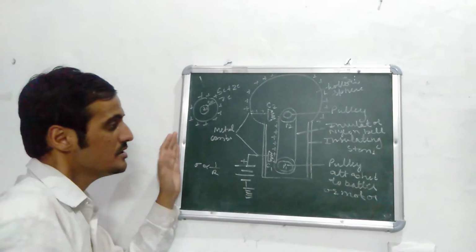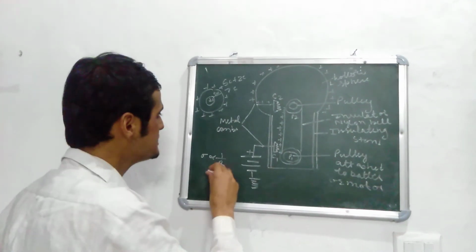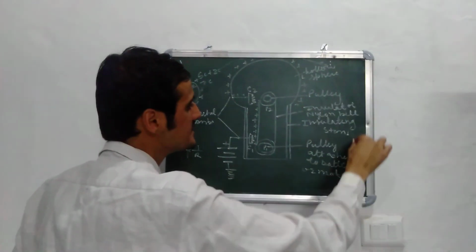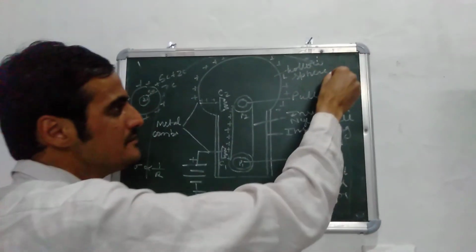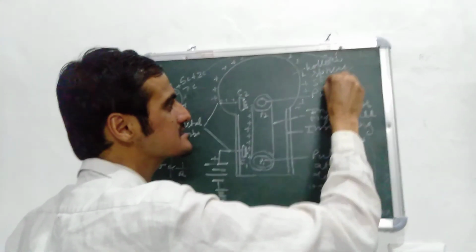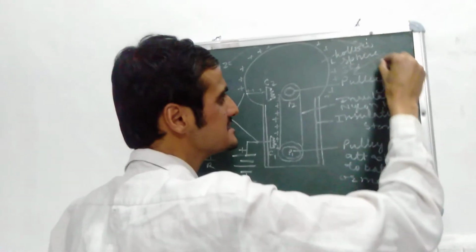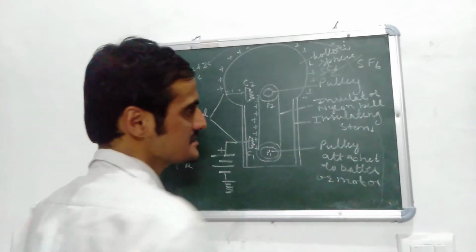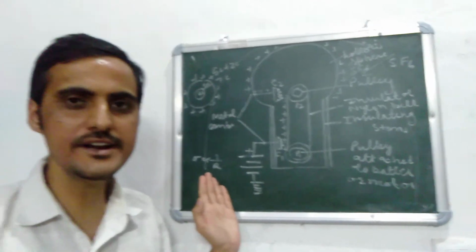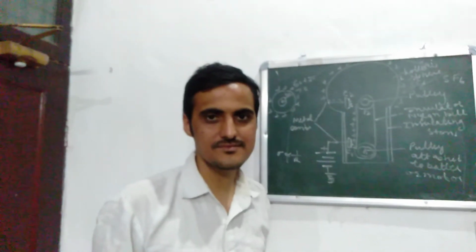Okay. Now this whole apparatus is insulated, and we fill an insulating gas inside, SF6. Why is this gas added? Because of air breakdown.